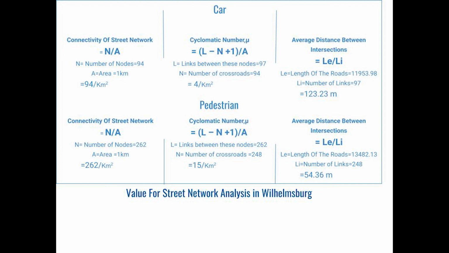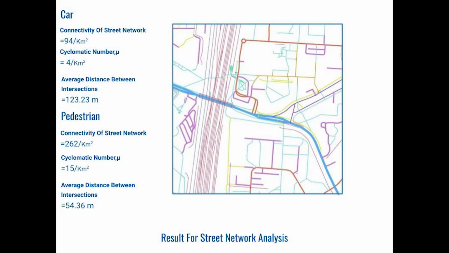Our total number of links was 97, which we counted very manually, and we get our average distance between the intersections. It was 123.23 meters, and for the pedestrian it was 54.36. This is our total result after the whole calculation.